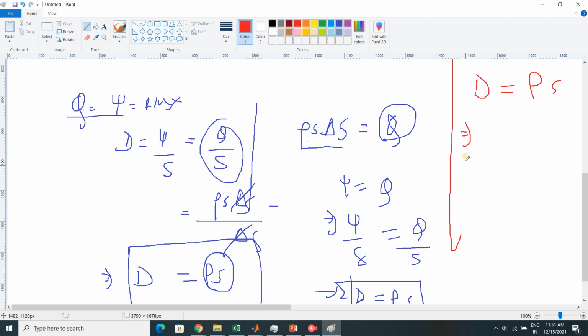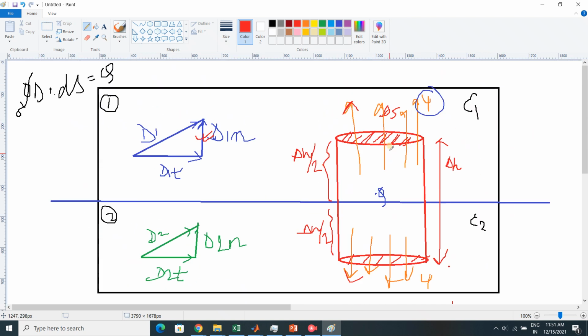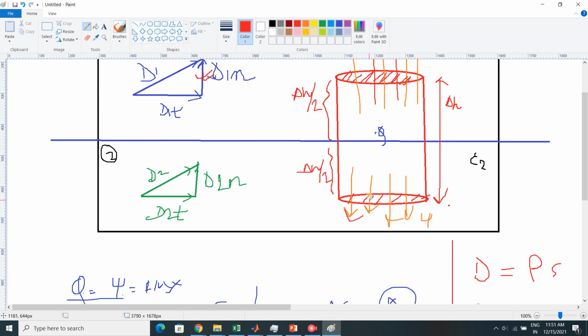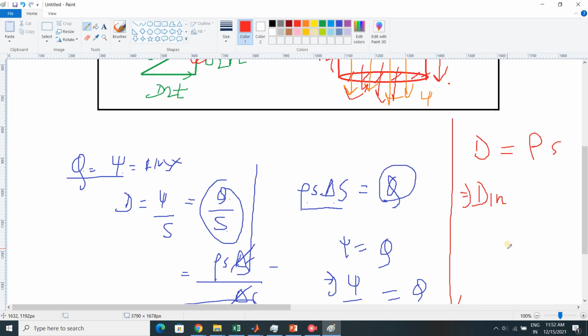The normal component of flux density in medium number 1 is responsible for the flux coming out from the top, and the normal component of flux density in medium number 2 is responsible for the flux coming out from the bottom.